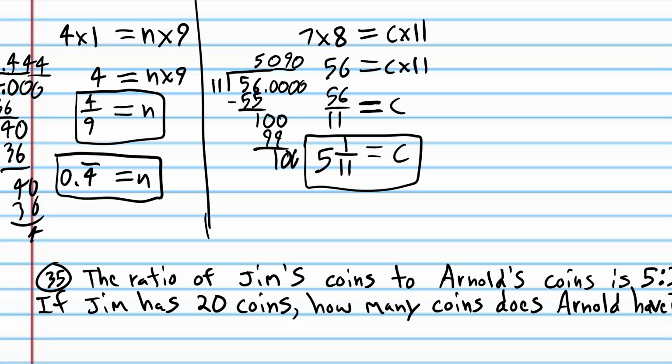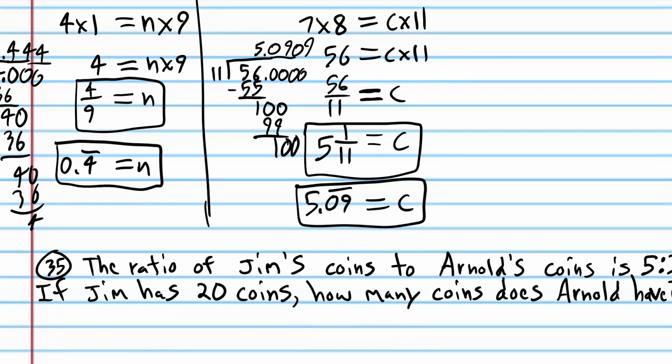Then you bring down another 0, and 11 goes in 9 times, and you can see that if we bring the decimal straight up, you just have 0909090909. So another way to write this is 5.09 bar.